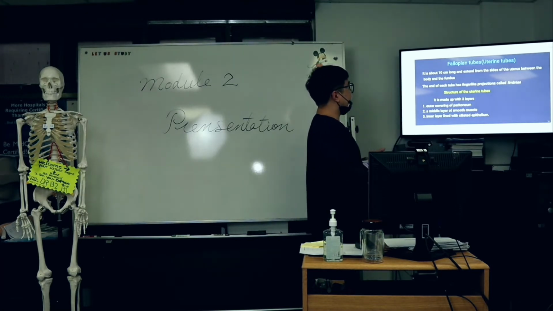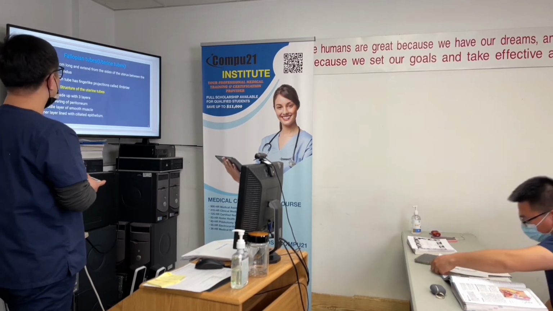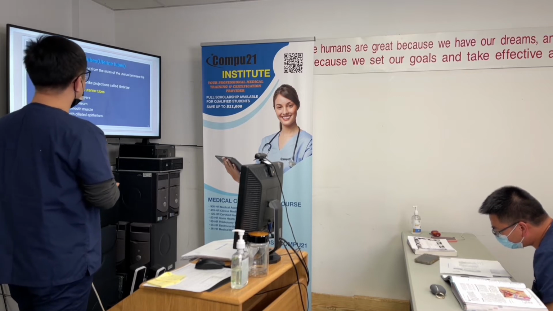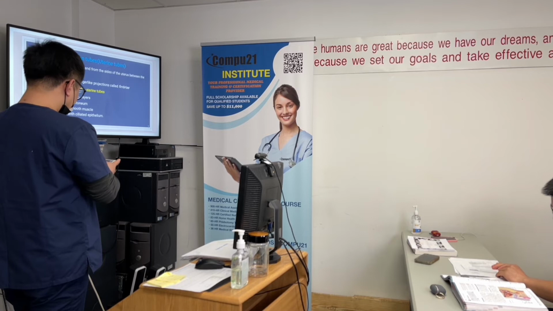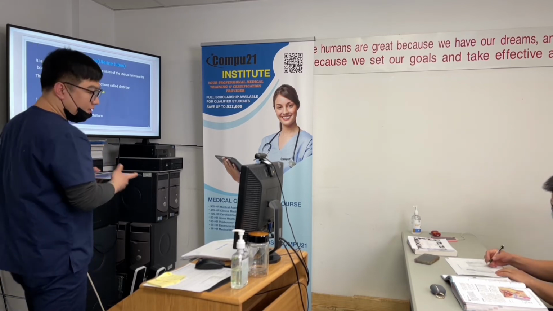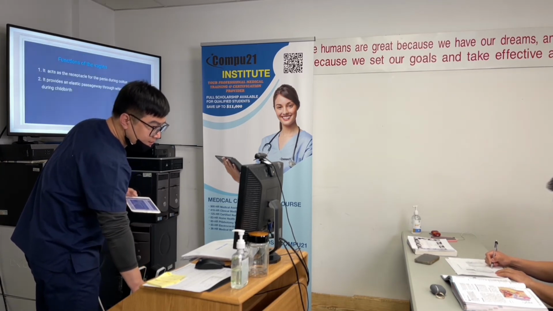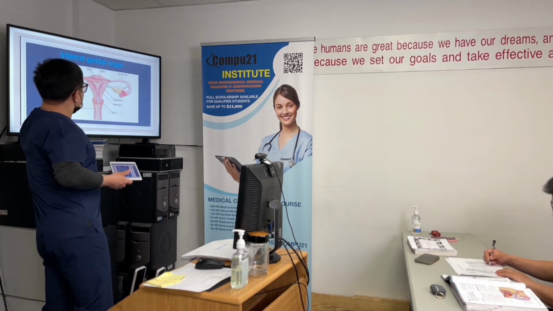The fallopian tube is also called the uterine tube. It is about 10 centimeters long and extends from the side of the uterus, between the body and the fundus. The end of each tube has finger-like projections. Did you see this part?